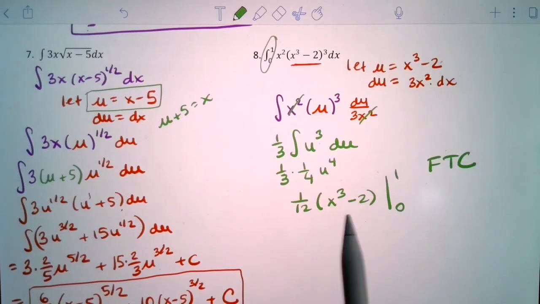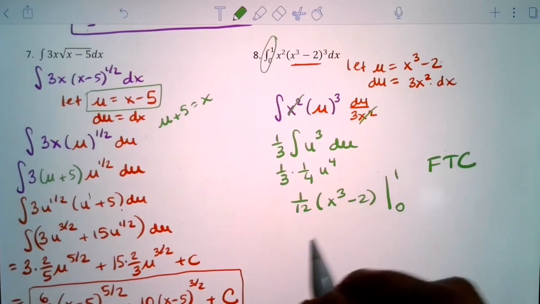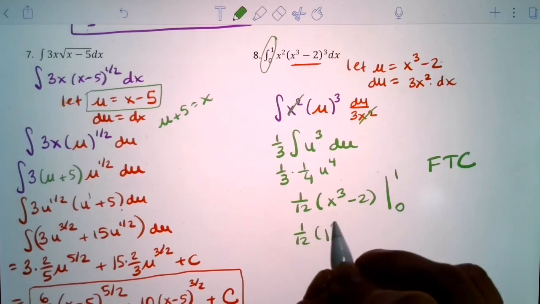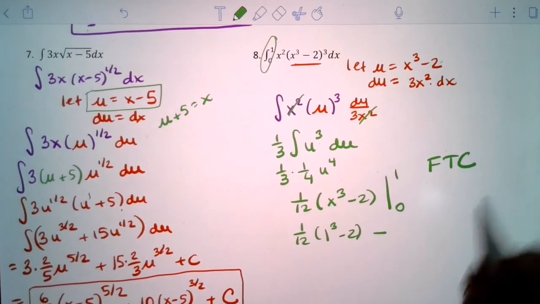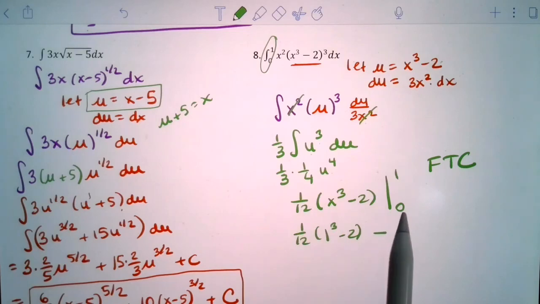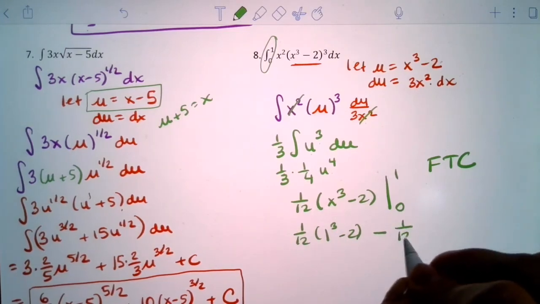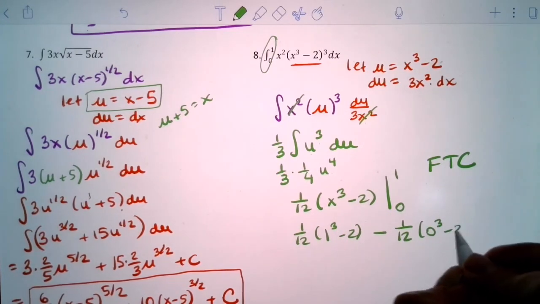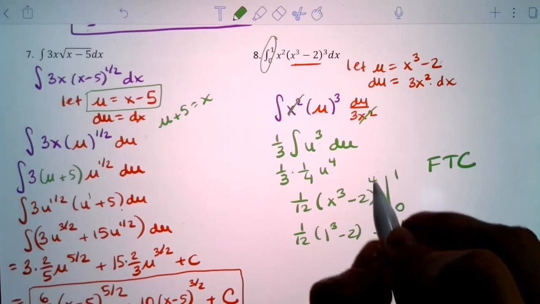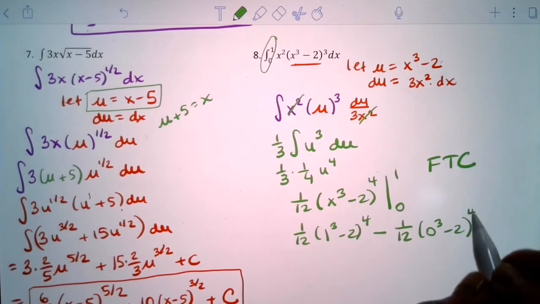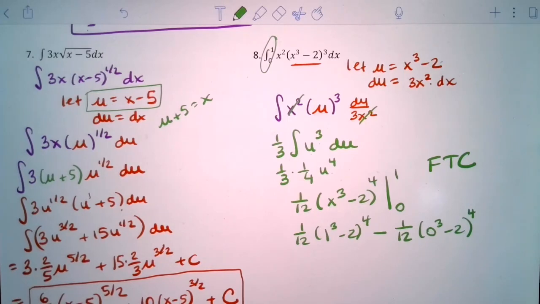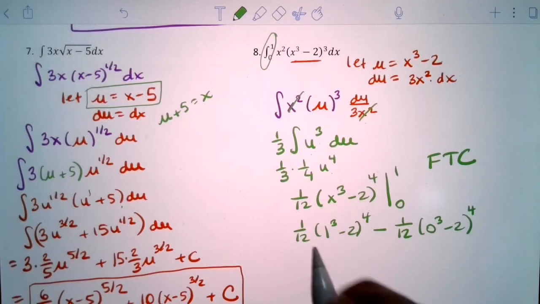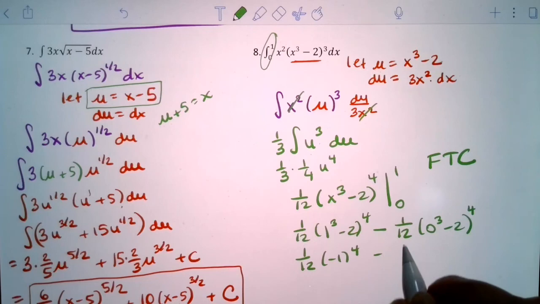I'm going to take that antiderivative. I'm going to plug 1 in for x. And then I subtract. Now I'm going to plug the lower limit, the 0, in for x. So it's always you plug the upper limit of integration in and then the lower limit of integration. I got to put that power back in there. Okay. And then I'm just going to evaluate it. So again, no calculator, but no problem. 1 cubed is 1. 1 minus 2 is negative 1. 0 cubed is 0.